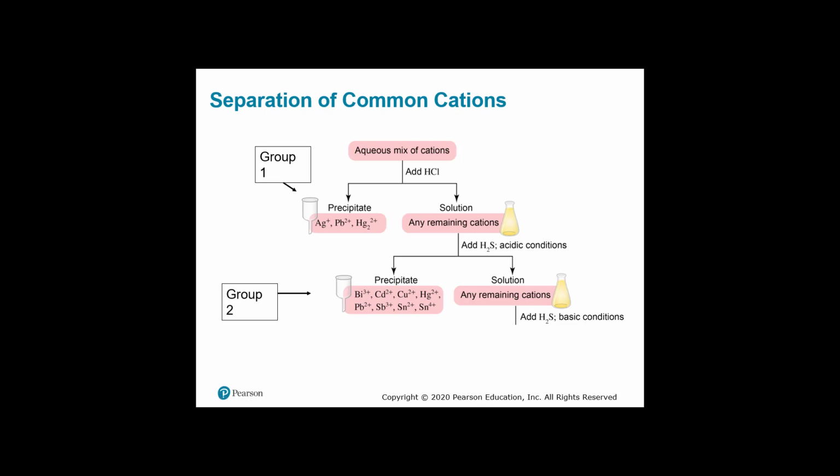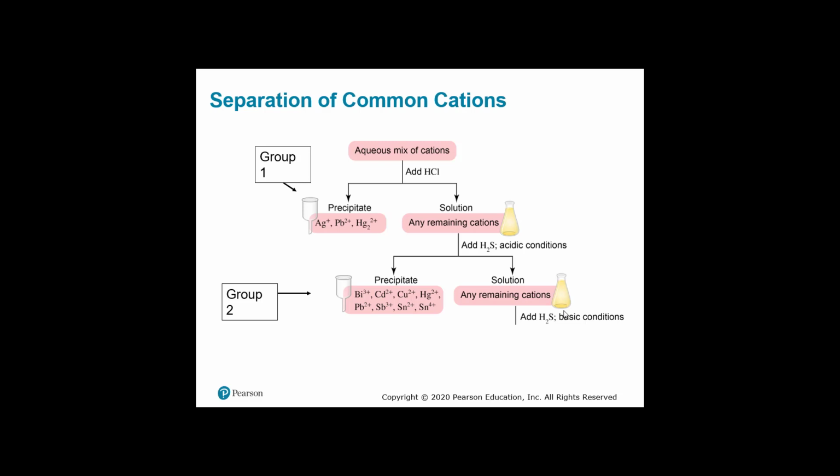I know it looks like this is the same, but the previous step was in acidic conditions. This is in basic conditions. So now we're looking at base-insoluble sulfides and hydroxides. A base and either ammonium sulfide or additional H2S is added to the solution. But remember, there's a base to create these basic conditions.